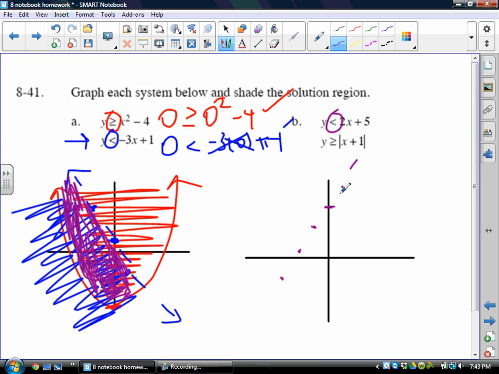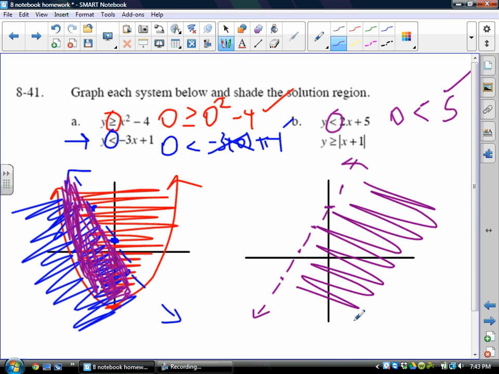So I'm going to dash the line. I am not allowed to equal the line. Okay. Let's plug in a point. Is 0 less than, when I plug in 0 times 2, that just gives me 0. Is 0 less than 5? Yes. So I'm going to shade where 0, 0 is compared to the line, which was right here.